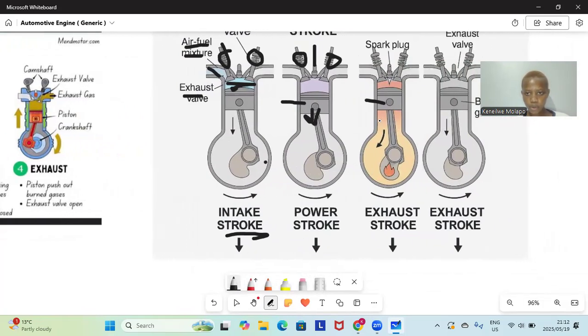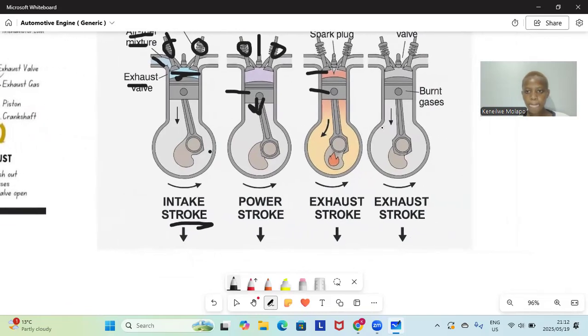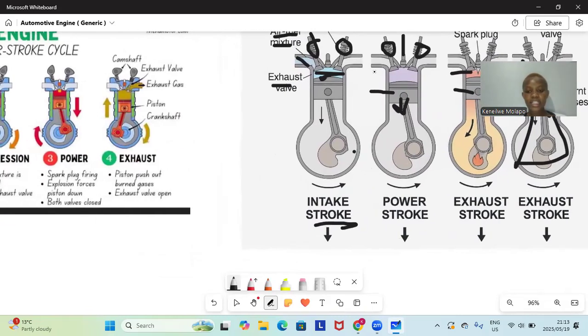Your exhaust valve is open because the piston pushes out the burnt gas. So this piston pushes out the burnt gas, and your exhaust valve will be open. So I think now you understand.